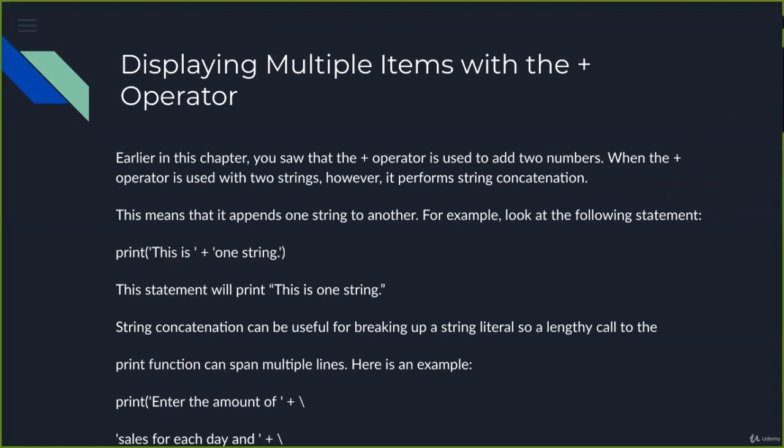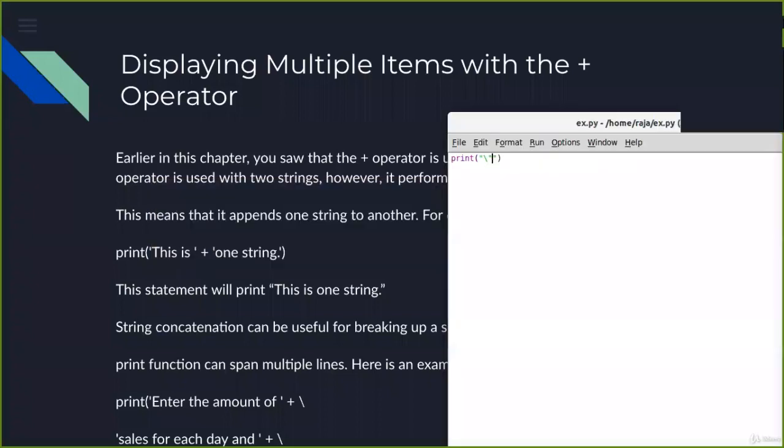Strings are nothing but characters for us. What we can do with the plus operator in Python is add up two strings and get a new string. So let's see how this is executed.